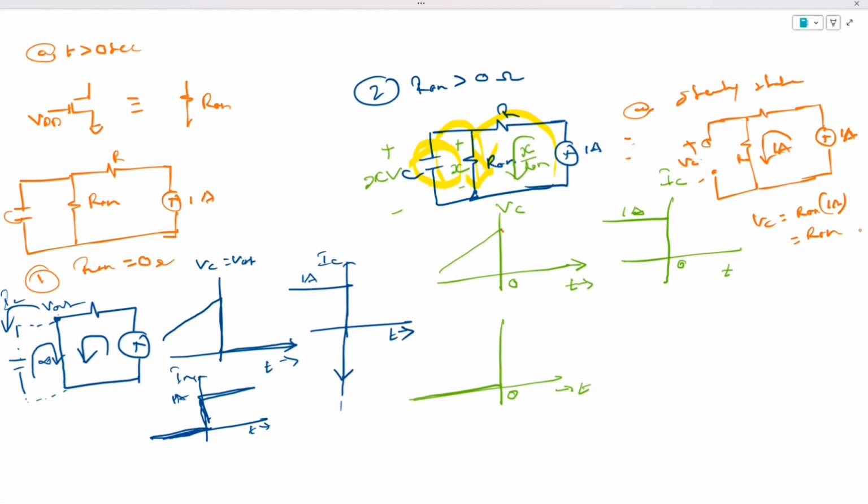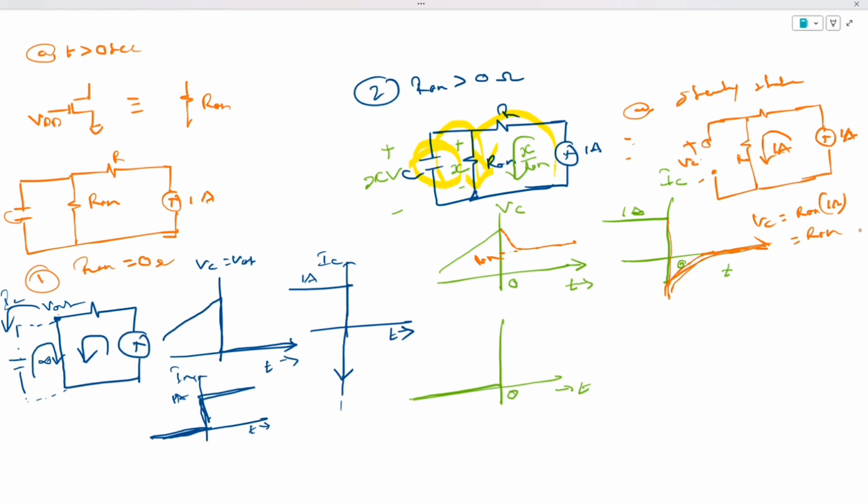So the 1 ampere current will completely flow in this R1 only. So the voltage drop here, VC, will be VC equal to R1 into I, which is 1 ampere. So it will be R1. So the VC voltage will discharge until it reaches the voltage of R1.